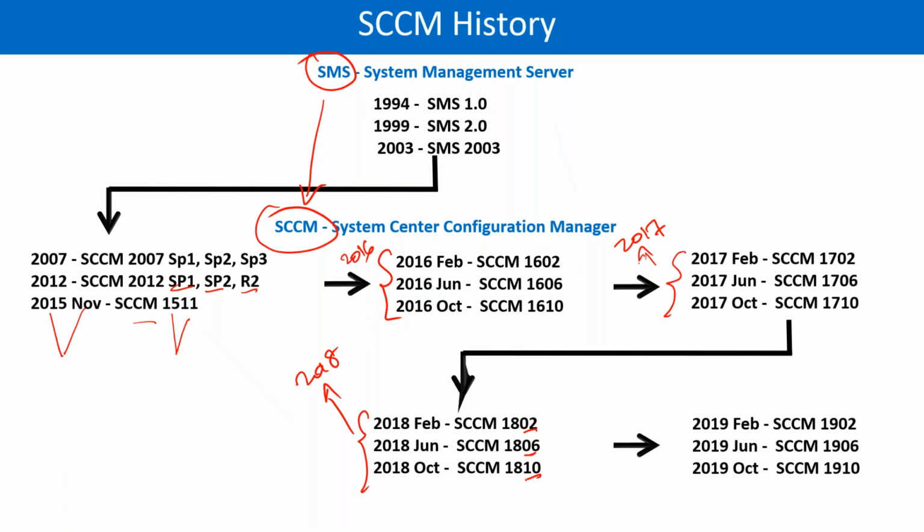Last year they released these 3 versions: 1902, 1906, 1910. This year they have released 2002, which is still in technical preview. You can use this for checking all the features and components, but the version which can be utilized in production at the moment is 1910.